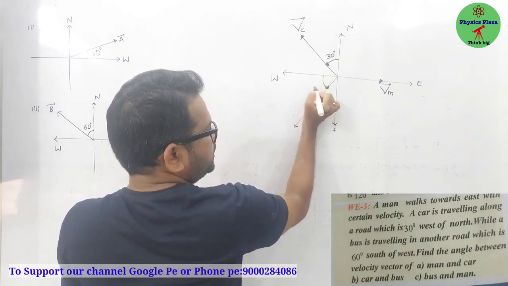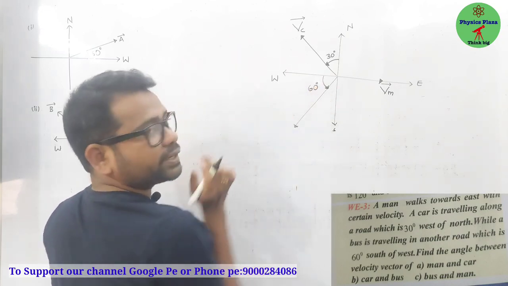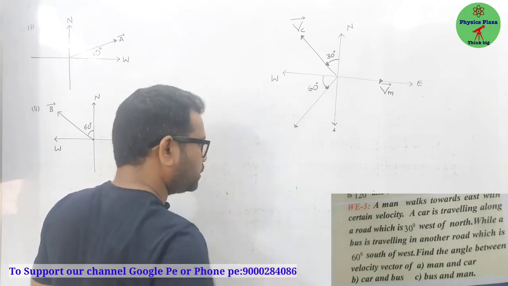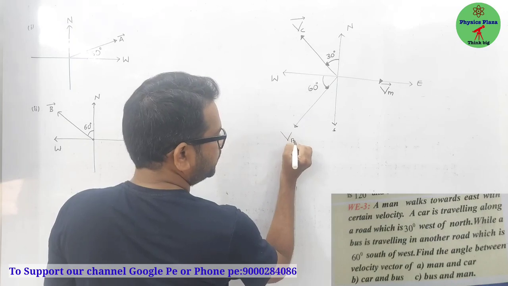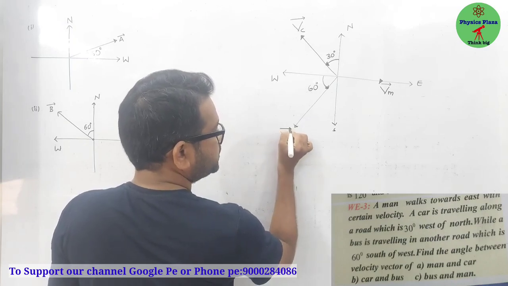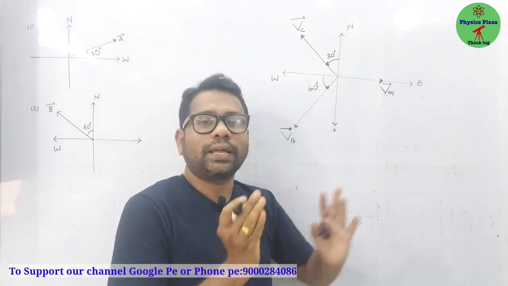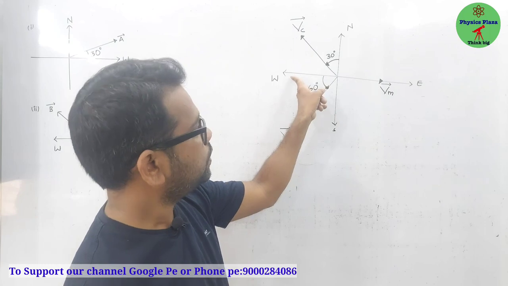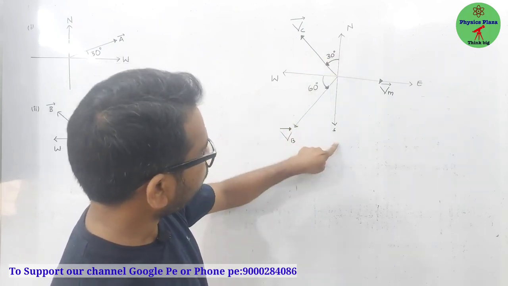So it is given that 60 degrees south of west. This is the velocity of the bus. That's what I said actually: if you want to do this question, first you should know how to take the angle or directions. So this is 30 degrees west of north. This is 60 degrees south of west.